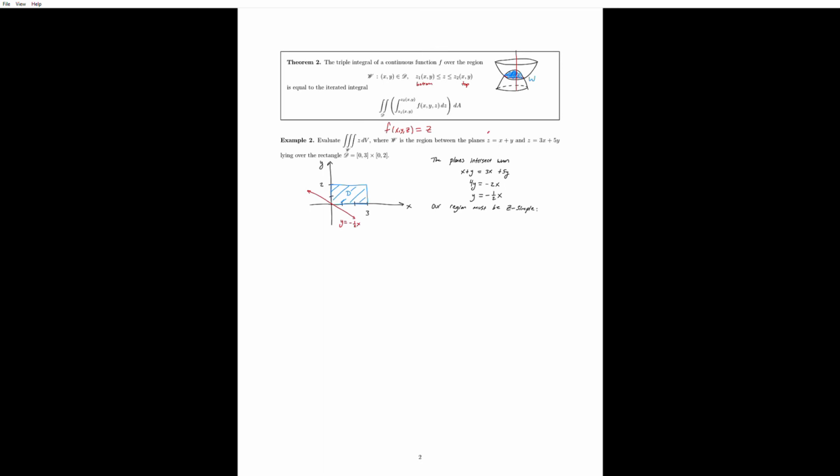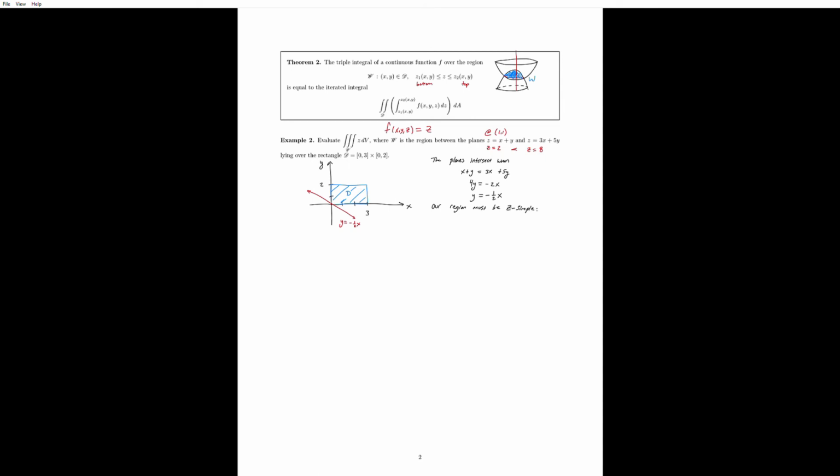At the point 1, 1, this z value is 2, and this z value is 8. So clearly, 8 is bigger than 2.